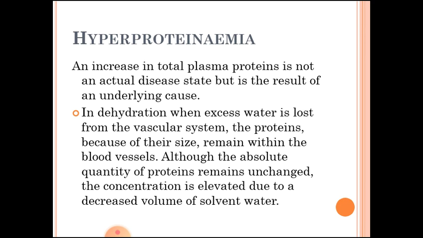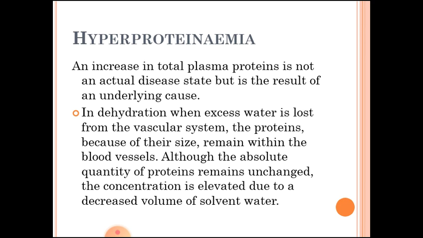One of these conditions that can cause increased plasma protein is dehydration. When dehydrated, excess water is lost from the vascular system, and the concentration of protein rises in the ratio between water and protein.